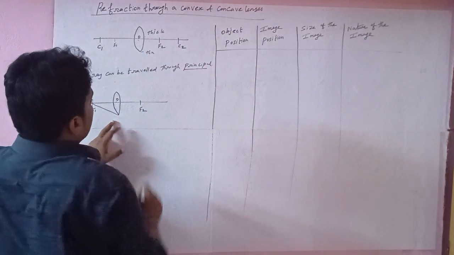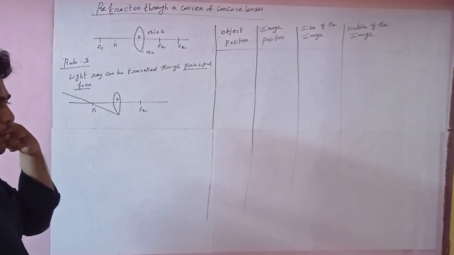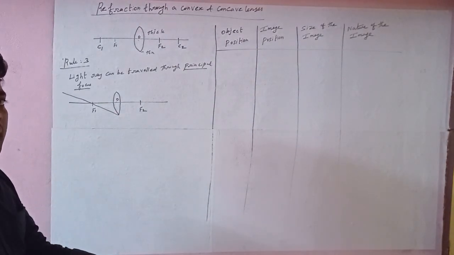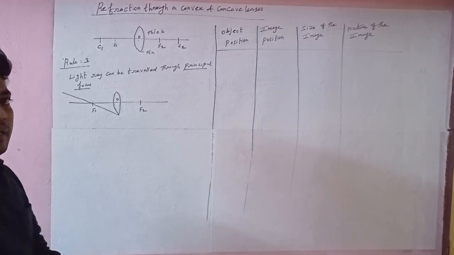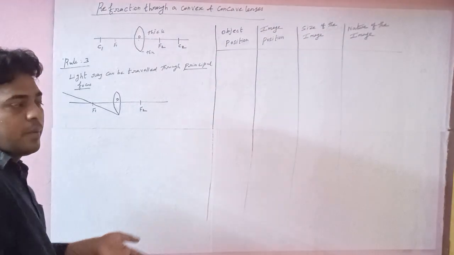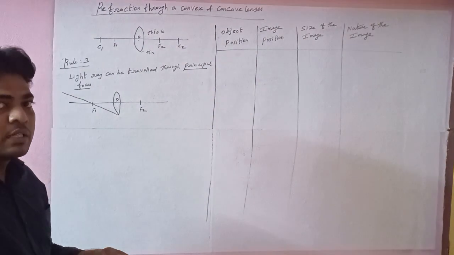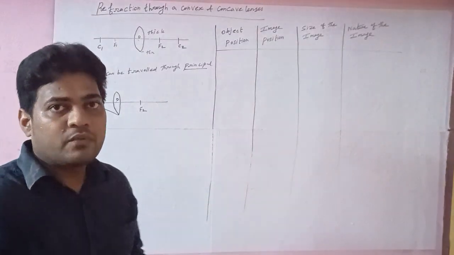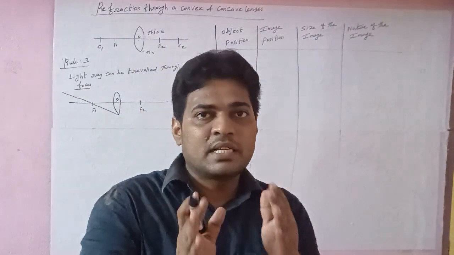So the light ray can travel and fall on the edge or the center, and the light ray is immediately refracted, or bending. The bending of light ray is also called refraction. Let me repeat. The bending of light ray is also called refraction.